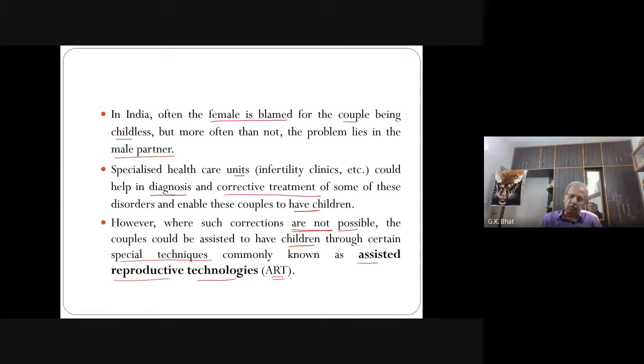If all these are perfect, the only problem with that man is just that his penis is not getting erected and he is not in a position to introduce it into the vagina. Then what can be done? We can go for assisted reproductive technology, where we can take the sperm from his body, from the testis, and introduce these sperms into the vagina or the uterus of his wife. That is what is called assisted reproductive technologies.